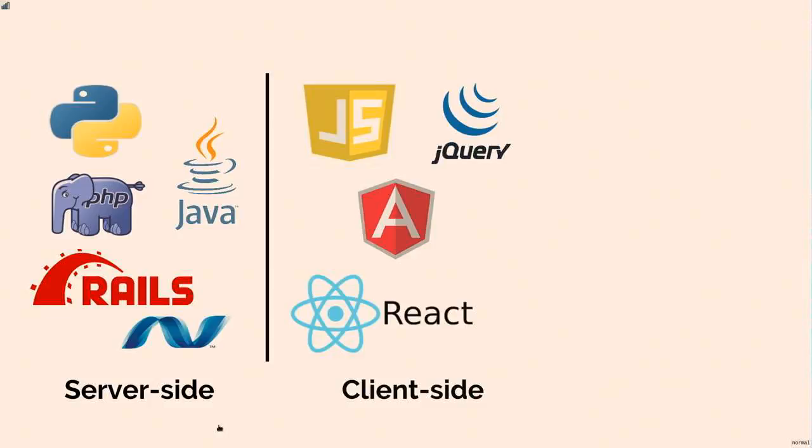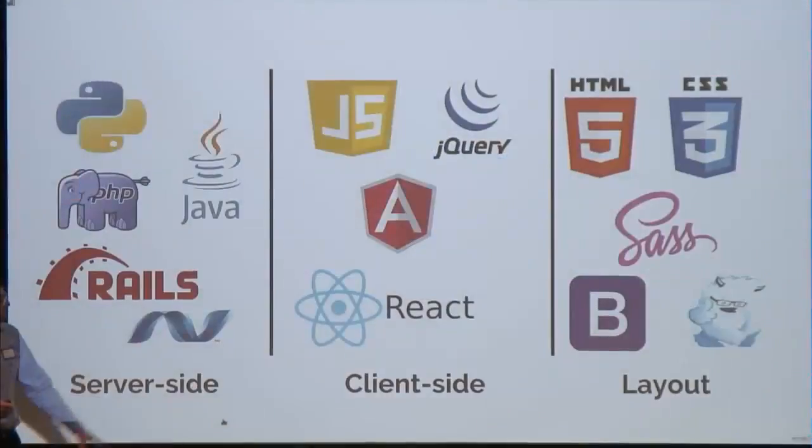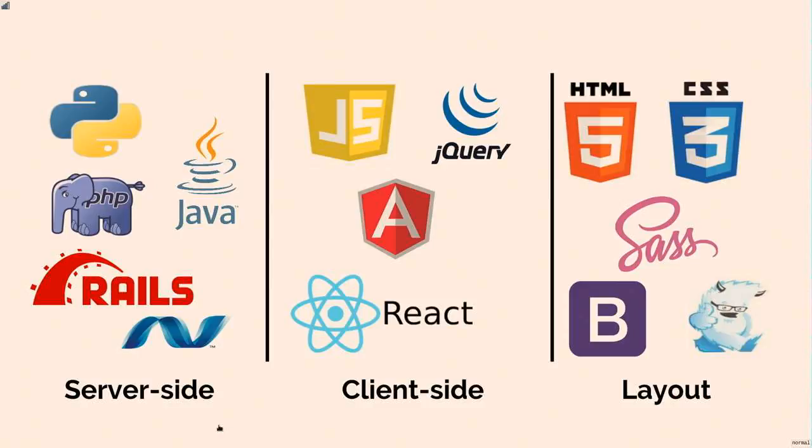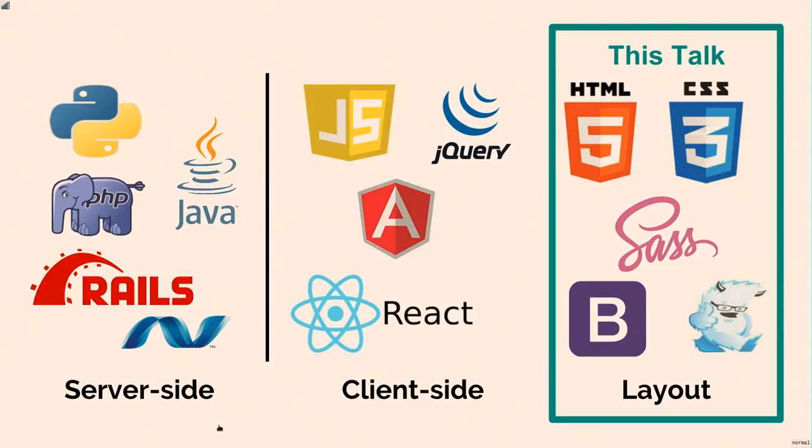Instead, I'm talking about an underappreciated aspect of dynamism in web pages, which is the front-end layout. This is looking at how HTML and CSS can be viewed as programs that respond to user inputs, produce outputs, and then verifying that those programs behave correctly.